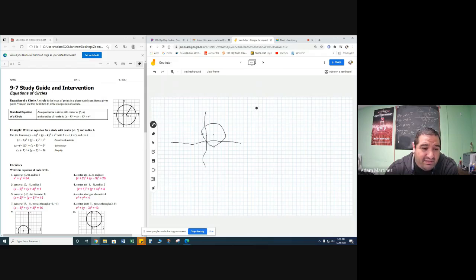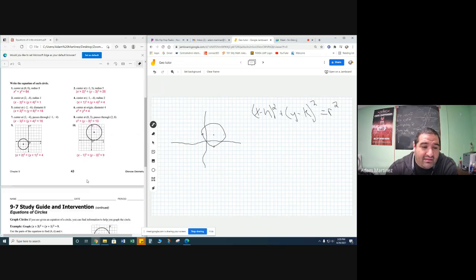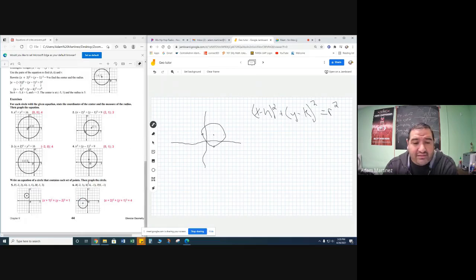So it's going to be (x - h)² + (y - k)² = r². Okay, and then remember h and k are the center point here, and they're opposites.